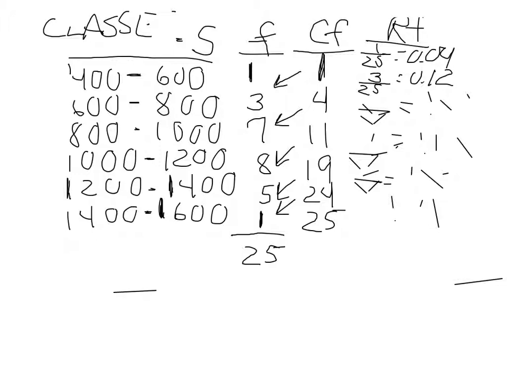So what you want to do is add these up and see if they add up to 1, which is as it should be. So let's see, 0.16, 0.28 gives me 0.44, plus 0.32 is 0.76, plus 0.2 is 0.96, and 0.04 is 1.00, which is as it should be.